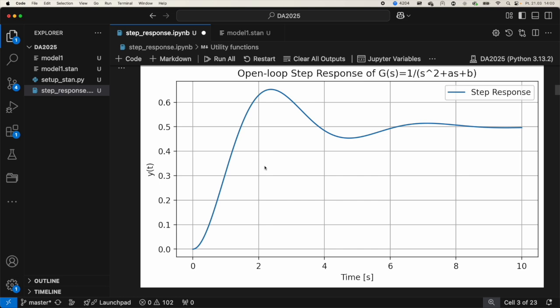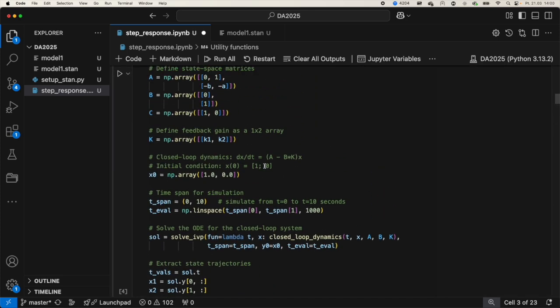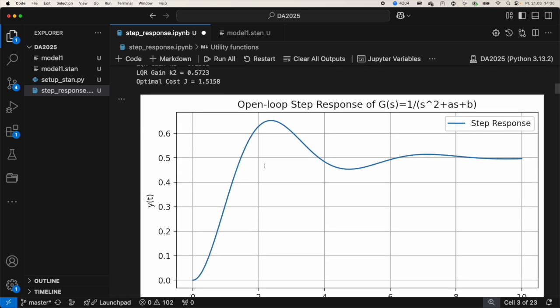We are accustomed to a situation where we have very good measurements, a lot of measurements. This is not always the case. So why do we want to do that? Just to be clear, we want to design an LQ controller.